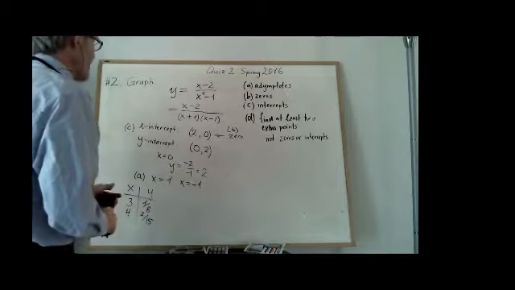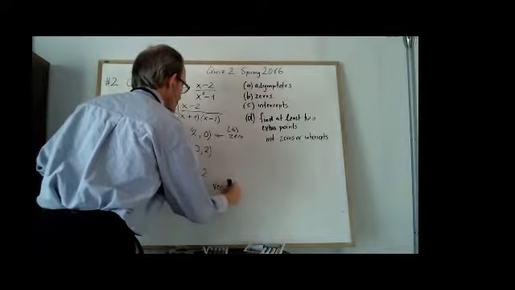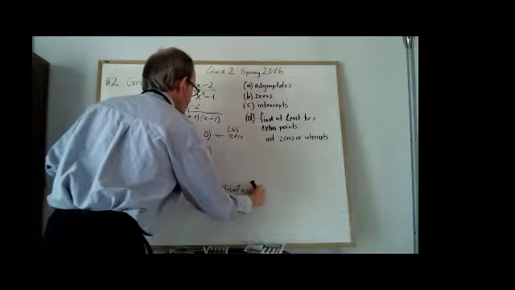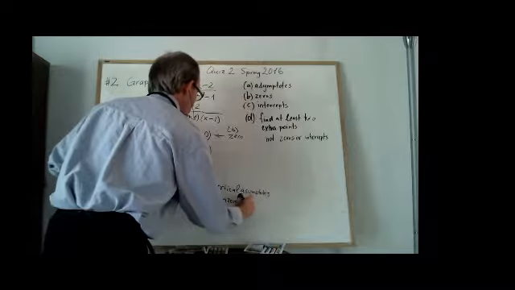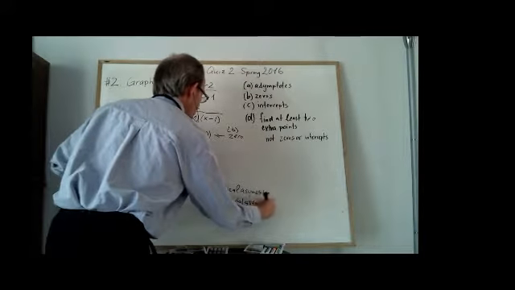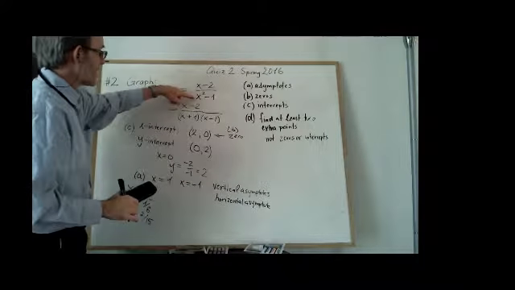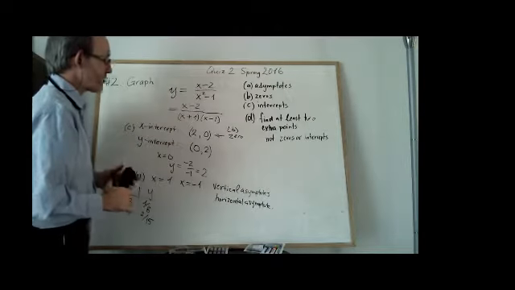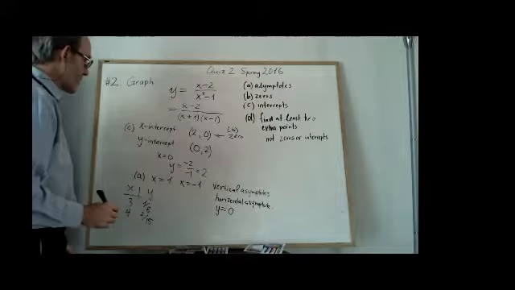Oh, also the asymptotes, these are the vertical asymptotes. What is a horizontal asymptote? Well, now you can see the degree of the numerator is 1 less than the degree of the denominator, so if you take x larger and larger, then the value of y will become 0. So it's just y equals 0. That's the only horizontal asymptote.